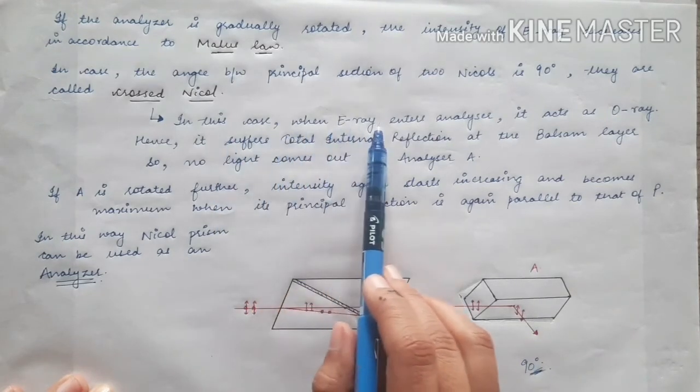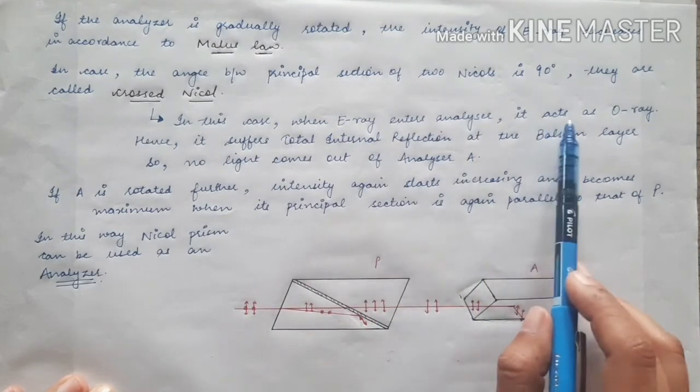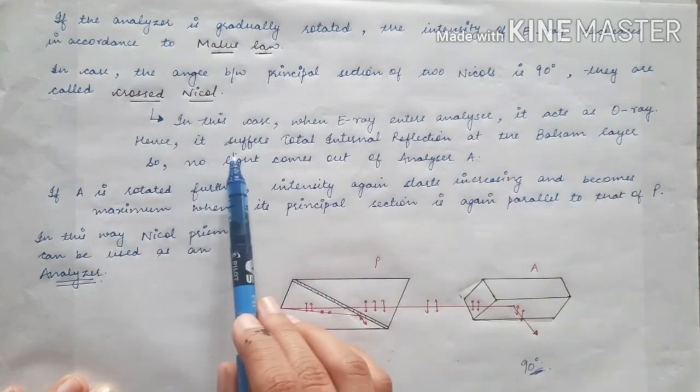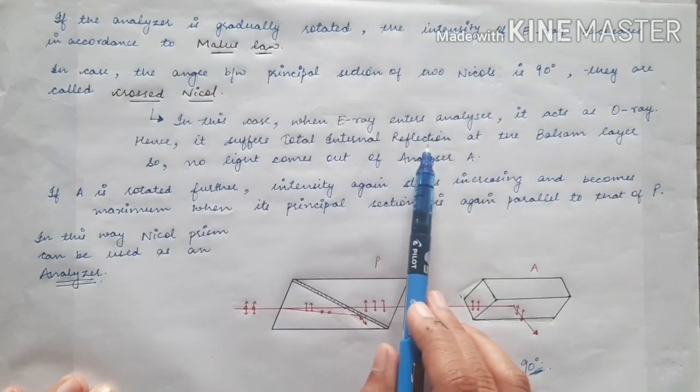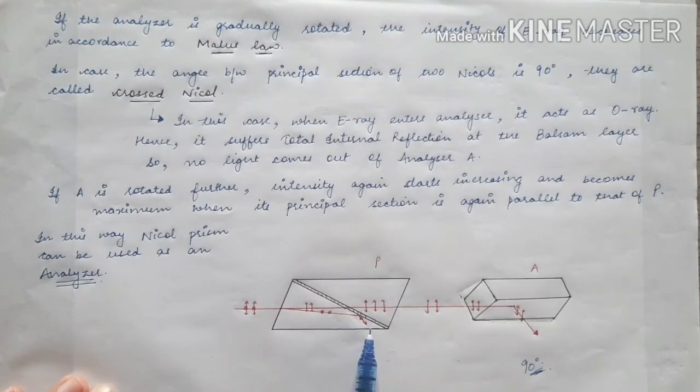So in this case, when this E ray enters the analyzer, it acts as O ray. Hence it suffers total internal reflection, because in Nicol prism, the perpendicular vibrations of electric field suffer total internal reflection.